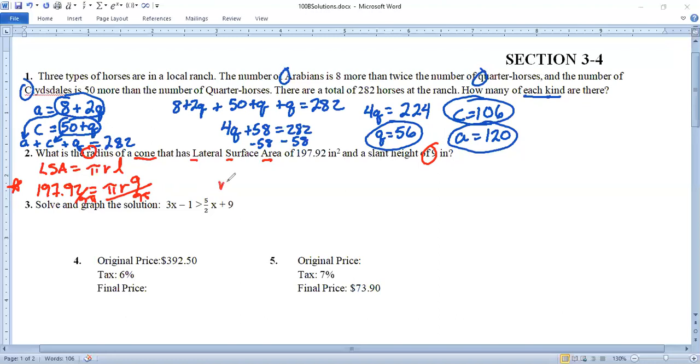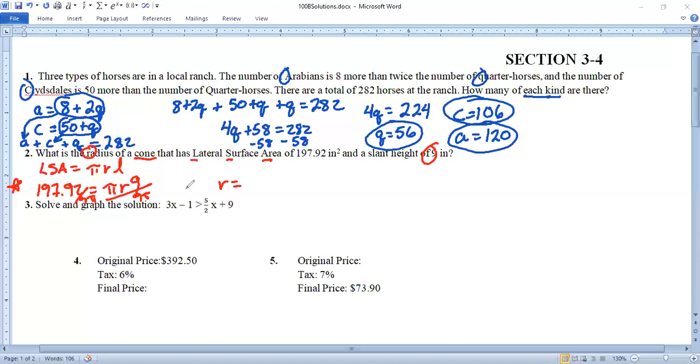So we have to divide by the 9 and the pi. So we get R equals, and now we've got to pull out our handy dandy calculator and punch in 197.92 divided by, and we've got to make sure when we stick this in, the 9 pi is all on the bottom. So if you're sticking it in a calculator where you can type stuff in, you've got to have parentheses around 9 pi on the bottom, so it doesn't just do division and multiplication left to right.